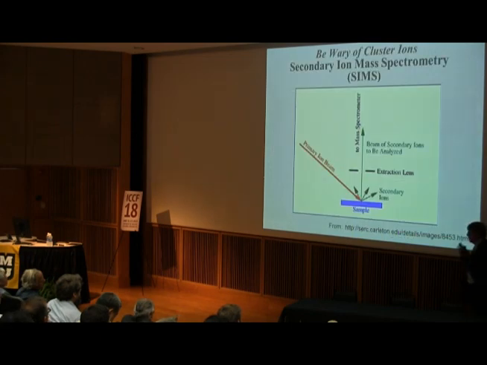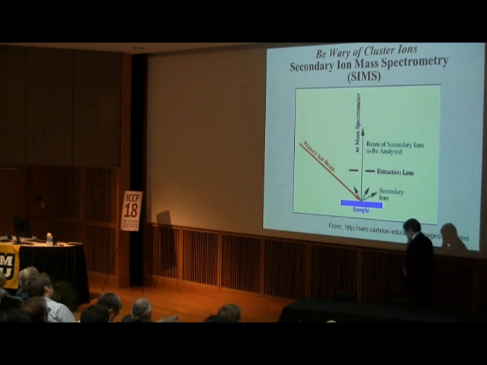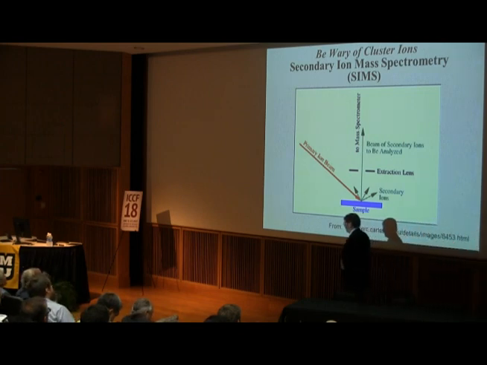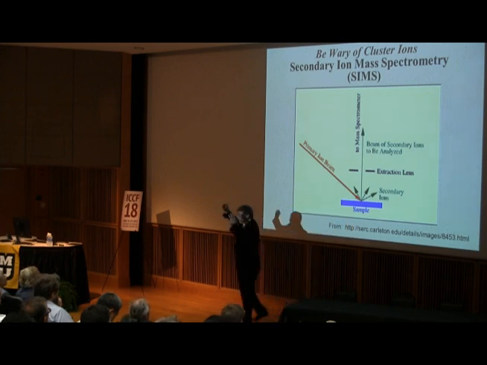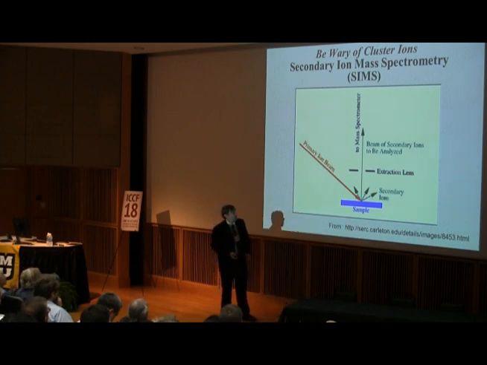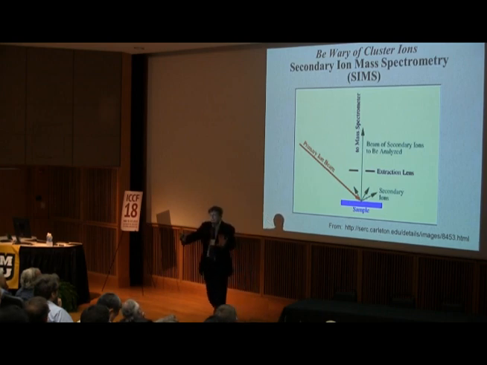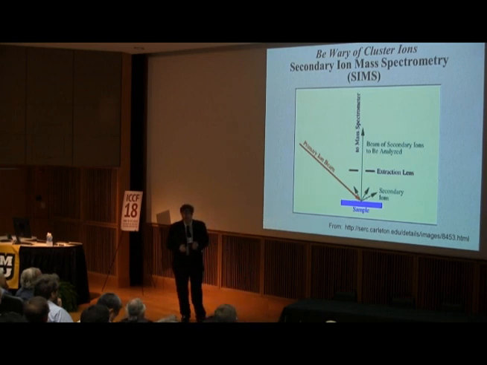Okay? Let's talk about SIMS. SIMS is like ICP-MS in one aspect. You put a lot of energy into the surface, and you sputter material off of it. And as the material is coming off the surface, some of it is ionized. And then you extract those ions and you go into a mass spectrometer and look at the isotopic ratio.